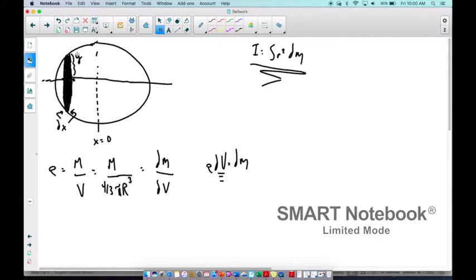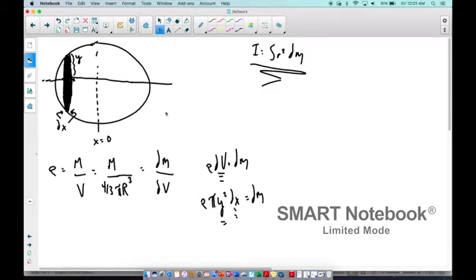Pi r squared, where the radius of the disk is y, and the thickness is dx. So I'm going to get rho pi y squared dx equals dm. Okay? So now I have a problem. I need to get y in terms of x so that I can actually integrate.